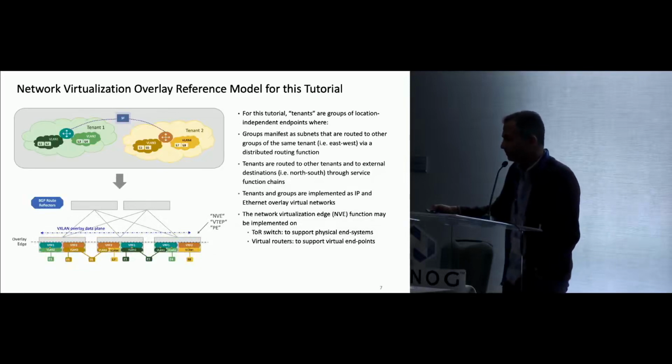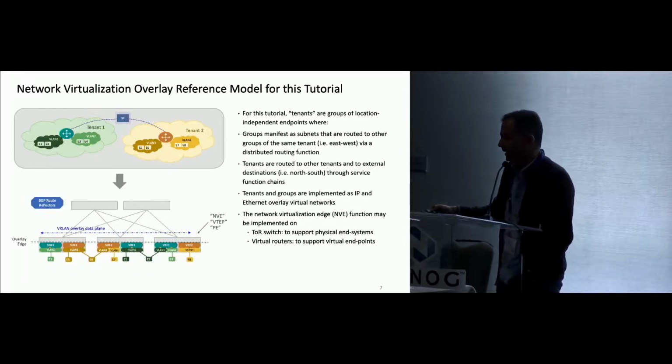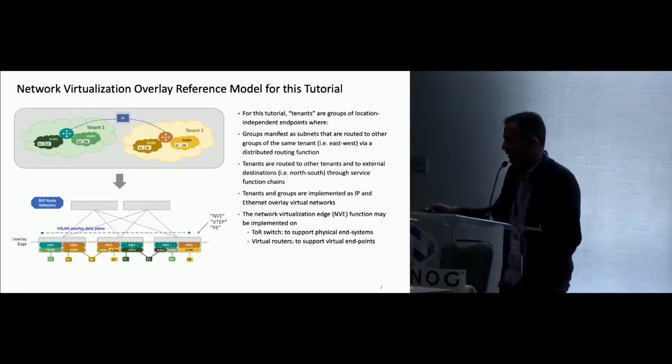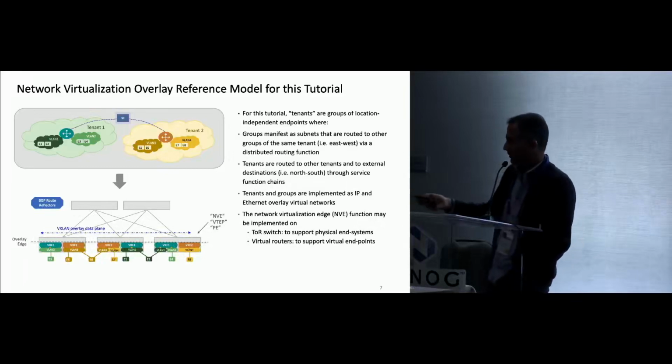Now, the network virtualization edge, or NVE function, as it is referred to in the NVO3 (Network Virtualization over Layer 3) working group, can be implemented on the TOR or in a compute node or SmartNICs. We're going to be emphasizing implementation in the physical network.